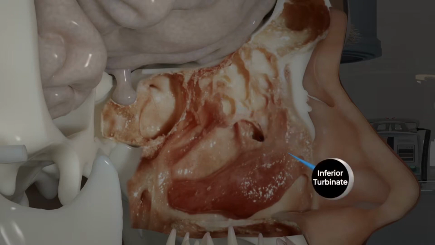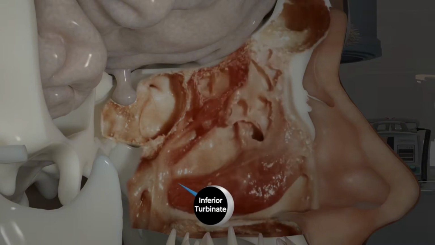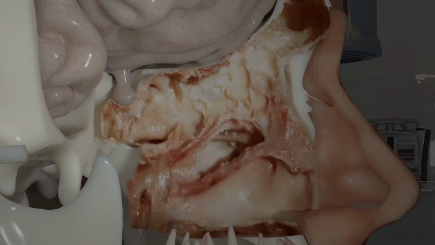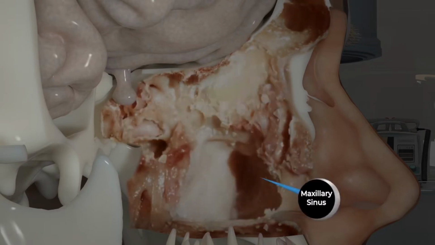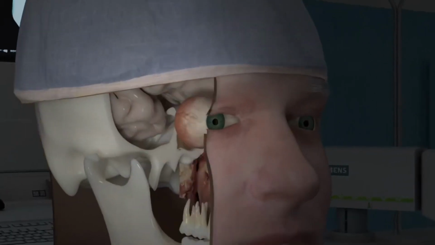The inferior turbinate is a distinct bone and is not a part of the maxillary bone to which it is joined. It runs from the front of the nasal airway to the back. Removing the inferior turbinate and the medial portion of the maxillary bone reveals the airspace of the maxillary sinus. The same structures as viewed from 45 degrees.